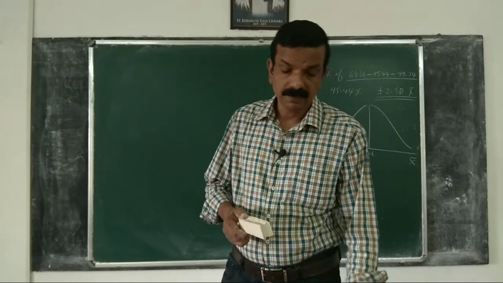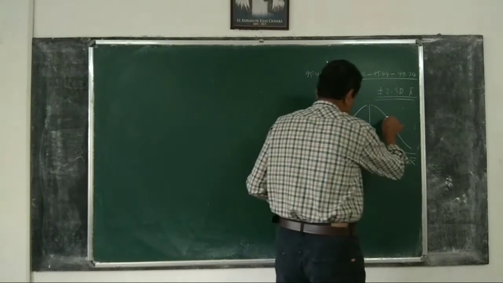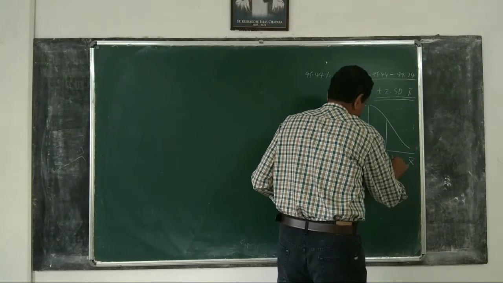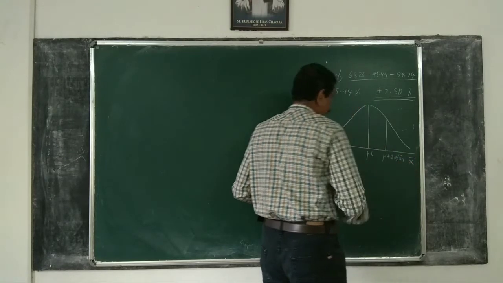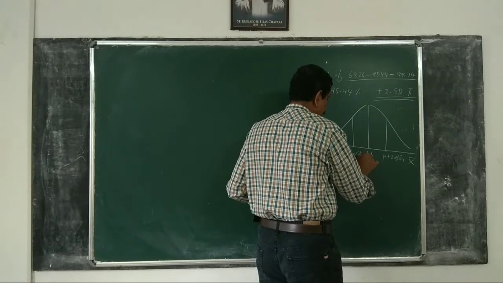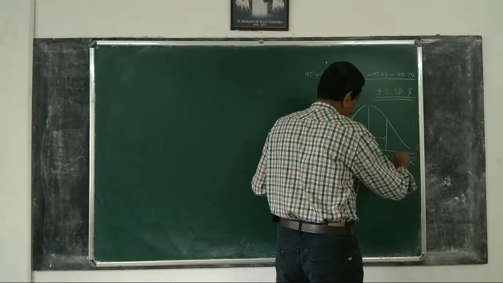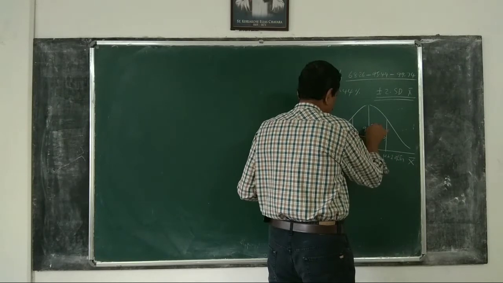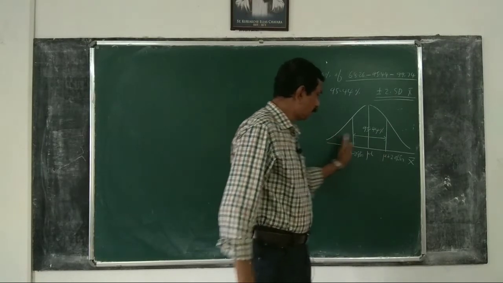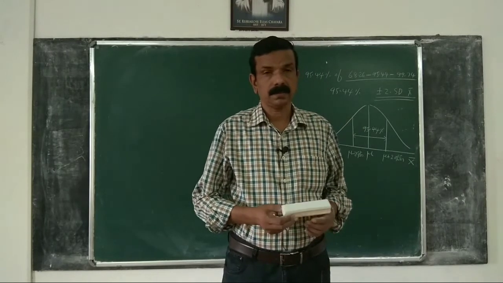Then what we say is, if we take mu plus 2 into sigma by root n, mu minus 2 into sigma by root n, if we take mu plus or minus 2 sigma by root n, 95.44% of X bar lie in this interval.